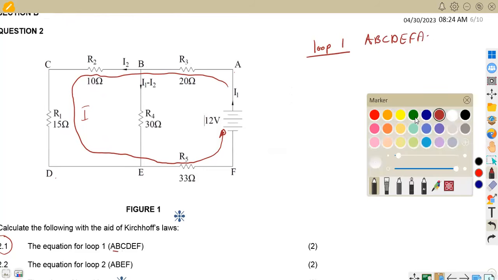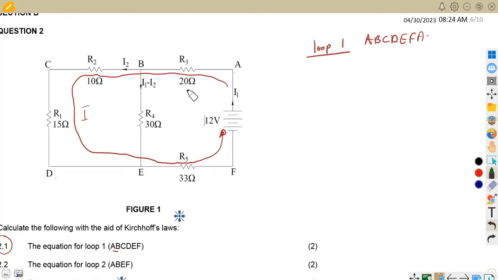Remember from Kirchhoff's law, the total voltage of the circuit is equivalent to the product of current and resistance, depending on the current flowing across that path.